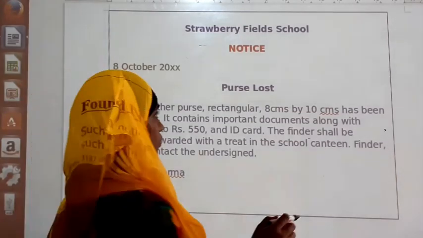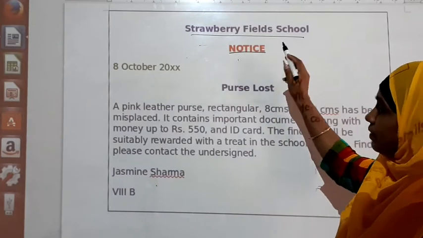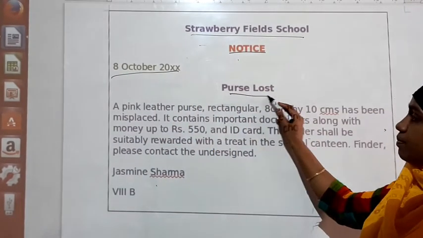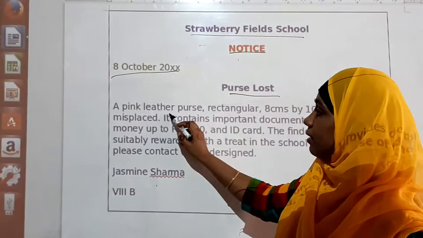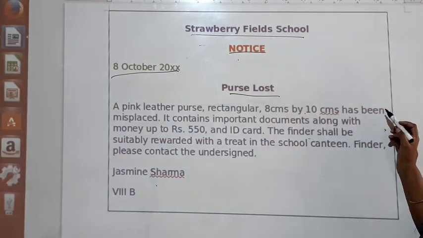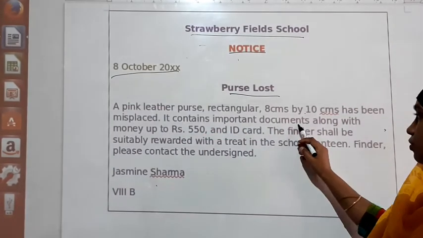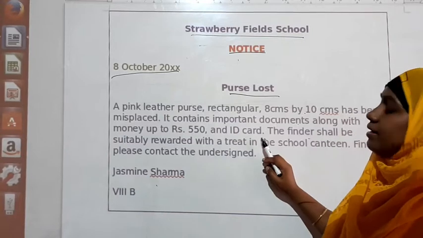Strawberry Field School. The school name is written on the top. Next the notice is given and the date is given on the left hand side, and Purse Lost is the title. And see here, a pen colour leather purse, rectangular, 8 cm by 10 cm, has been misplaced. It contains important documents along with money up to rupees 550 and an ID card also.